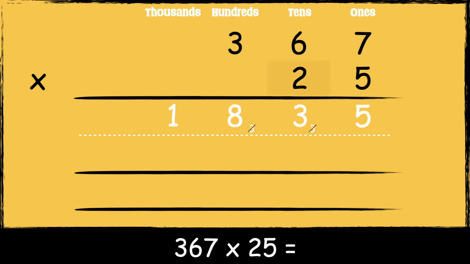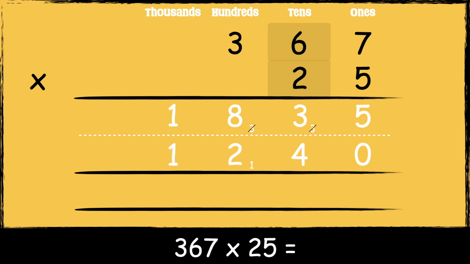Now we can multiply 2 tens by 7. As we're now multiplying the number in the tens column, we need to use 0 as a placeholder in the ones column. 2 times 7 is 14. We can carry the 1 below in the hundreds column, as it represents 100. Next, we multiply 2 tens by 6 tens. 2 times 6 is 12.